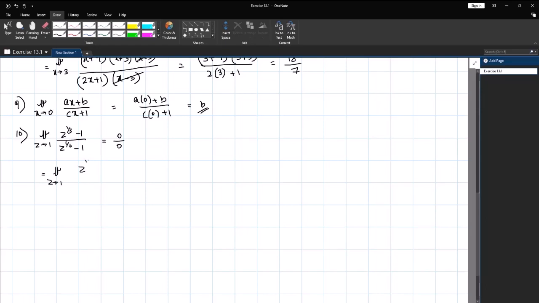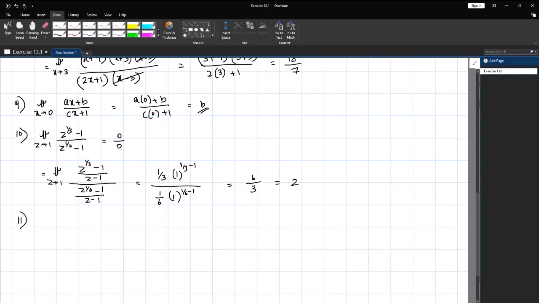So z to the power 1 by 3 minus 1 divided by z minus 1 whole divided by z to the power 1 by 6 minus 1 whole divided by z minus 1. So again, this is in a standard form, so we can directly apply the formula, that is 1 by 3 into 1 to the power 1 by 3 minus 1 whole divided by 1 by 6 into 1 to the power 1 by 6 minus 1. So this is nothing but 6 by 3, that is nothing but 2.